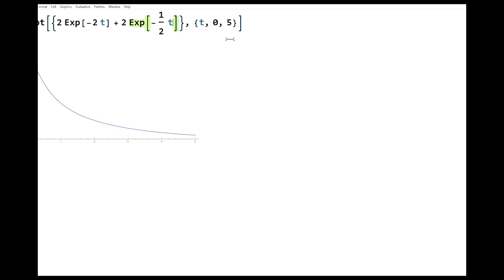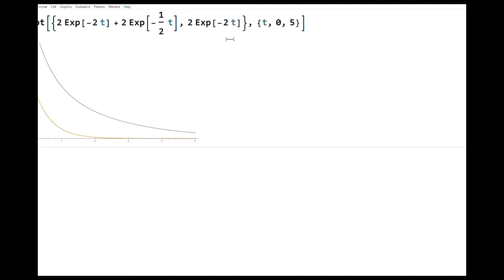Let's try to see if we can plot the exponentials separately along with the curve. So the first one is the exponential with the half a second time constant. This is the fast exponential. For plot range, I need to make sure that the plot range is full. Okay.